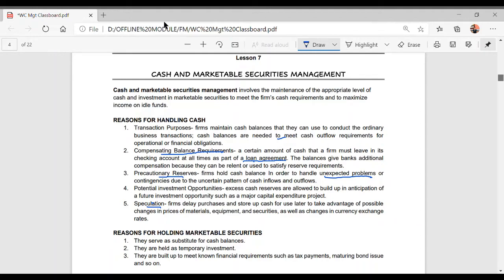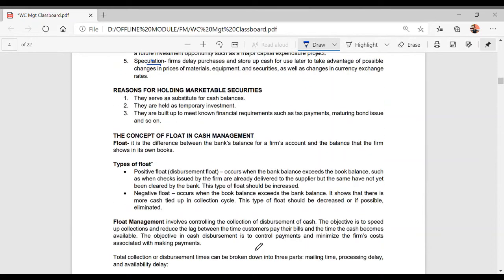So meanwhile, for the marketable securities, you hold them because of substitute. So this can be used as a substitute for the cash balances, or it could be a temporary investment or build up to meet known financial requirements such as tax payments or maturing bond issue and so on.